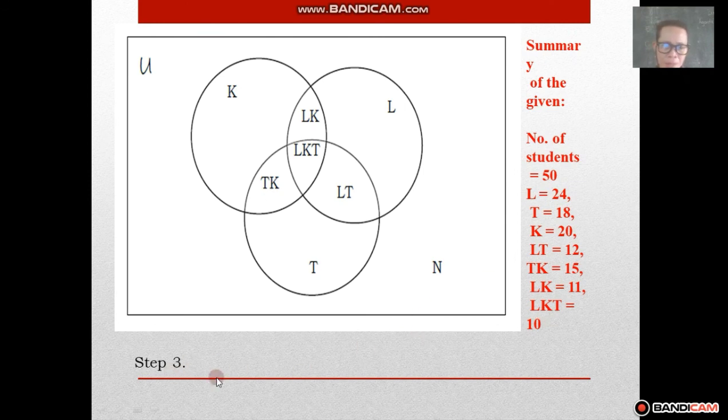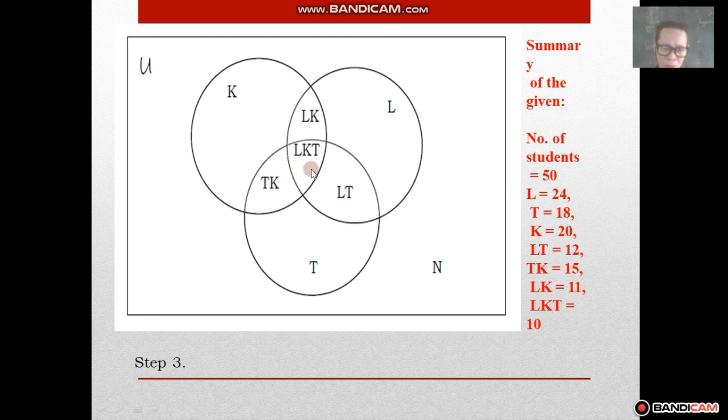Alright, so for step 3, we're going to compute mentally to obtain all the values of these variables. But there is one variable that has a fixed value, and that is LKT. This is fixed because it is the number of students who visited the 3 tourist spots.